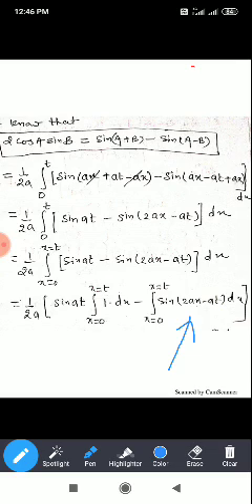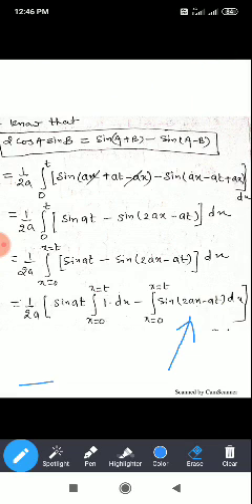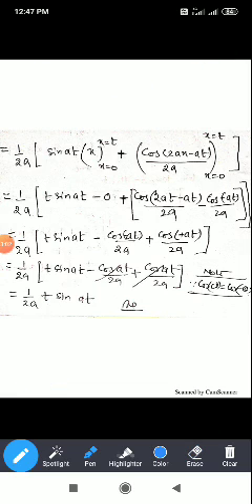Whenever we integrate with respect to x, we know that the integral of sin x dx is equal to minus cos x. So whenever we apply this formula, the term reduces to 1 by 2a [t sin at for x from 0 to t, plus cos(2ax − at) upon 2a].